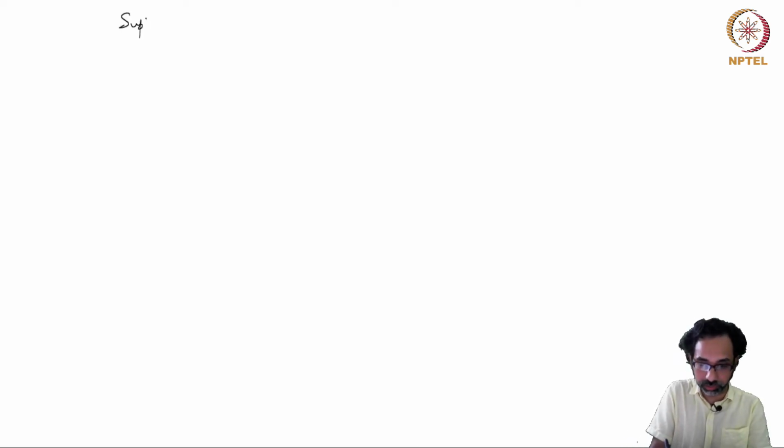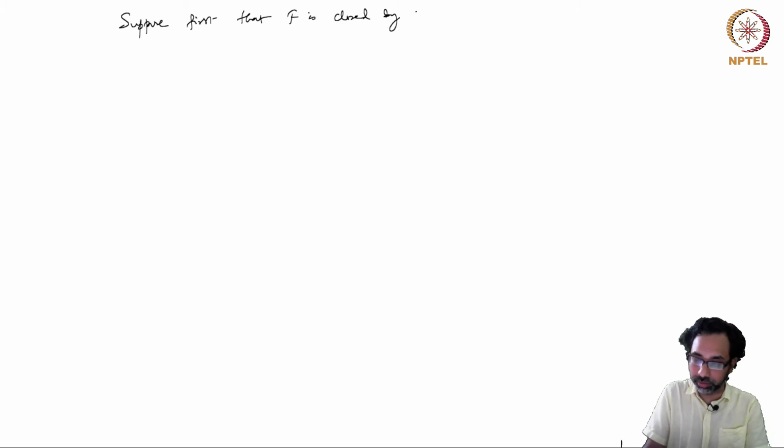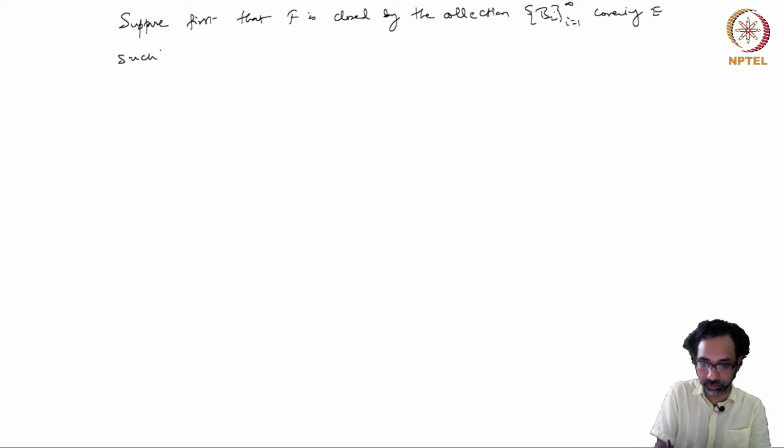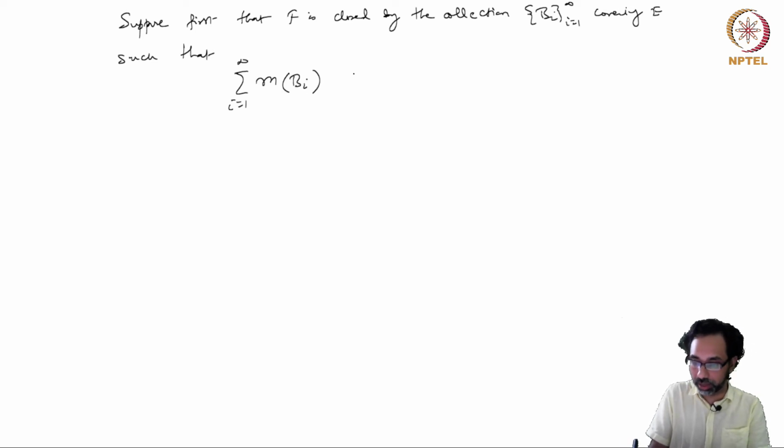So suppose first that F is closed, but the collection Bi, i equal to 1 to infinity, covering E is such that this sum, i equal to 1 to infinity, m(Bi) is less than or equal to m*(E) plus, say, epsilon by 2.